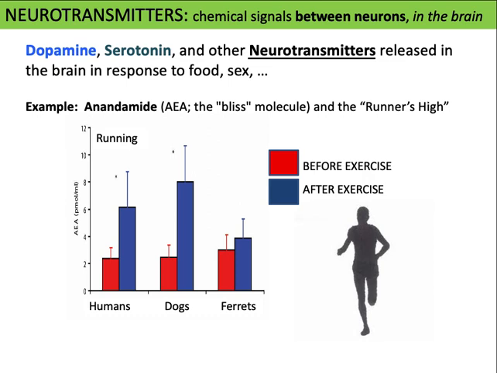And it turns out that this is what's called an endocannabinoid and has a similar chemical structure as in marijuana. And so marijuana works because it hijacks this pathway. And so ferrets, here's another example of a different species, don't experience much of an increase in this neurotransmitter after running, whereas both humans and dogs do.